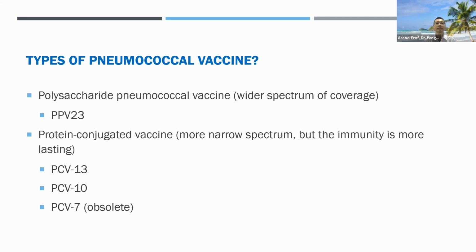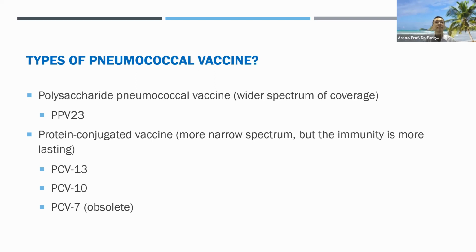The later pneumococcal vaccines developed were conjugated with protein. So why is protein so important in pneumococcal vaccine development? Because it was found that if you are just targeting the polysaccharide, the immunity developed is not long-lasting.